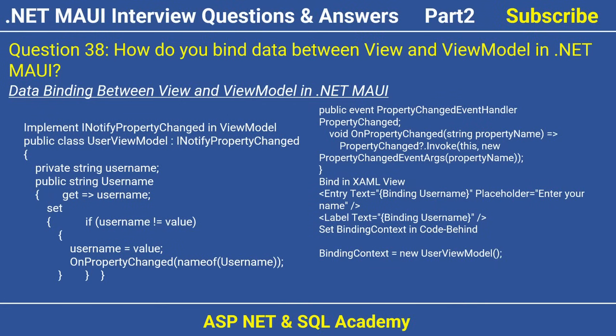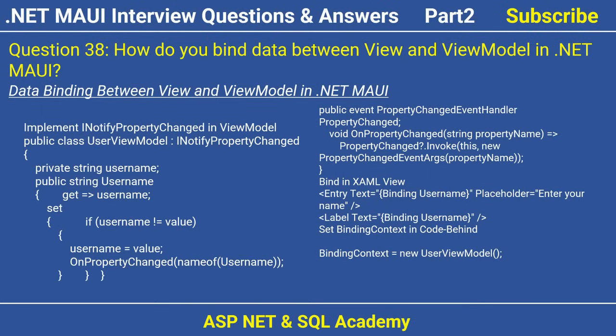To bind data in .NET MAUI, you connect the UI to the view model using data binding. Start by implementing INotifyPropertyChanged in your view model. This interface notifies the UI when a property value changes, keeping the view in sync.